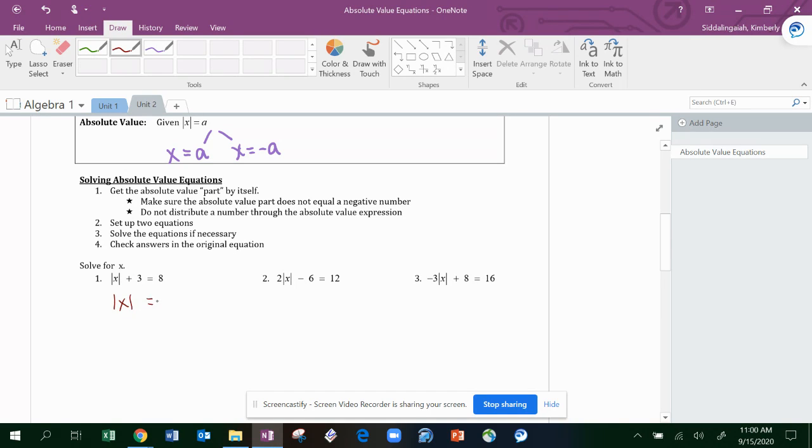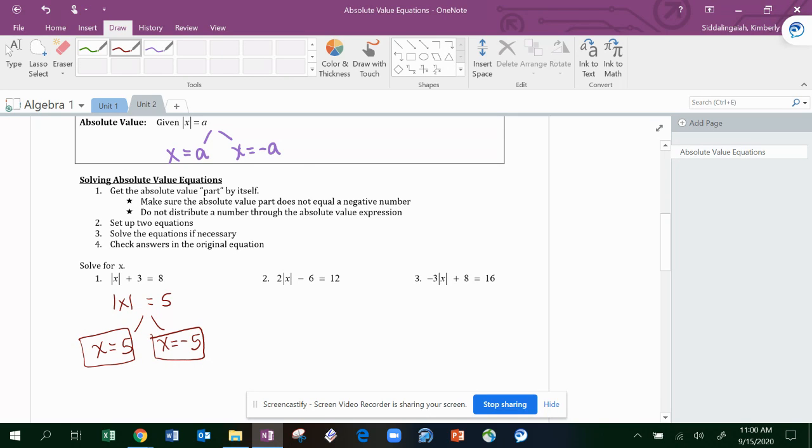So I'm going to subtract 3 from both sides. Now, one thing I need to check is, does the absolute value equal a negative number? In this case, it does not. So now I can do my branches. And I get x equals 5 or x equals negative 5. So those are going to be my two answers.